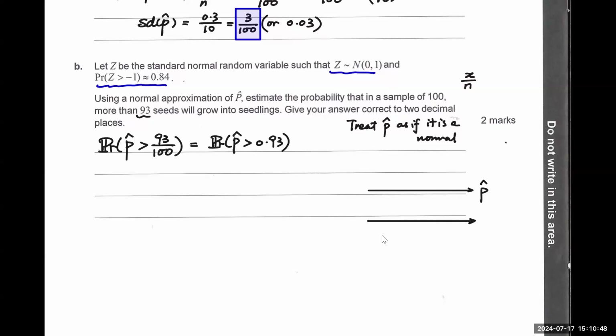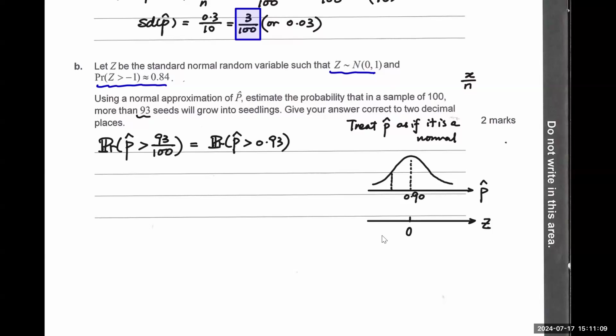And let's draw another parallel axis for the z-score. So for example, from the previous part, we obtained 0.9 or 0.90. That's the mean value in the middle. So the z-score in the middle for a normal curve is 0. And one standard deviation is 0.03.